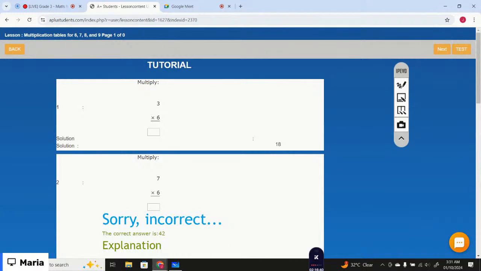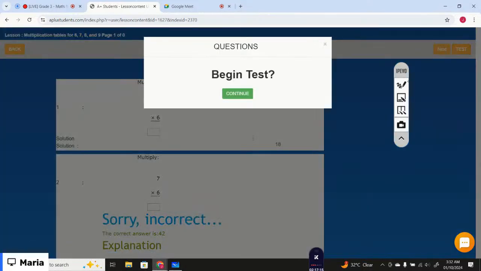Multiply 3 times 6, which is the correct option. 3 times 6 is 18, right? You need to count a table of 3 until 6, so that is 18. Let's just start with the test questions.